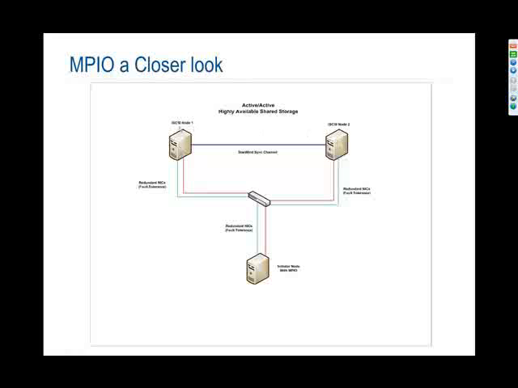These present with the same unique identifier to the initiator side with the MPIO driver installed, whether this be a Windows box or a Xen box or an ESX host. All support multipathing, and all are going to see this as a single storage device where you're able to decide the load balancing policy, or how the I/O is issued down these multiple paths.